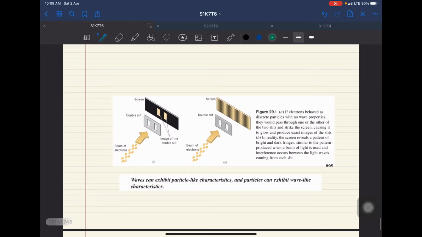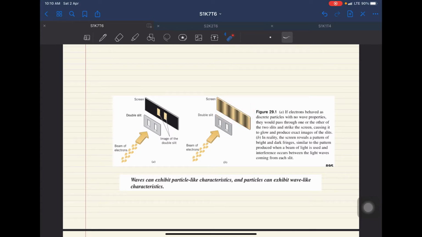Here you have lots of electrons. Supposedly, if electrons behave as discrete particles, they will pass through one or the other of the two slits and strike the screen, showing a pattern like this. But that does not happen. In reality the screen gives you an interference pattern.